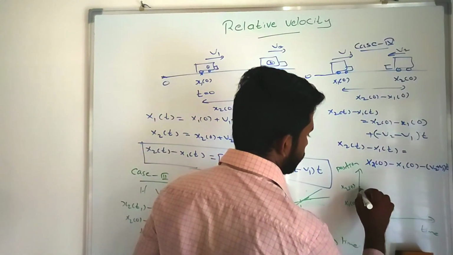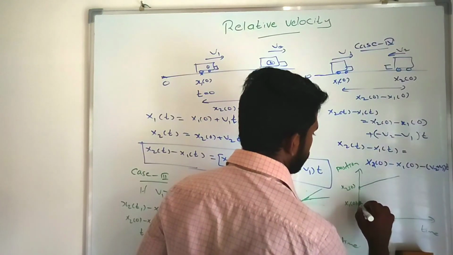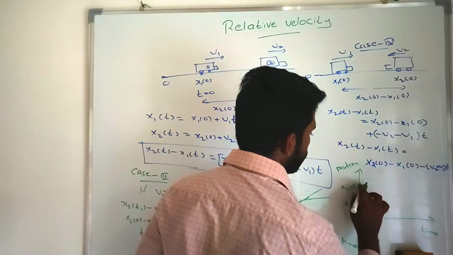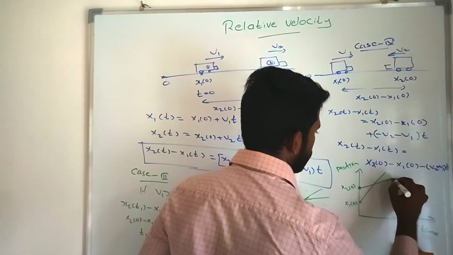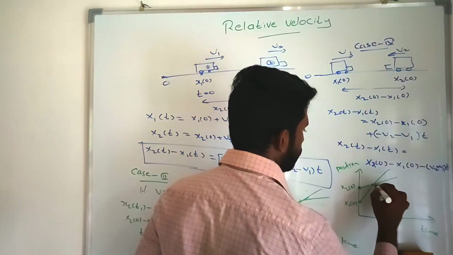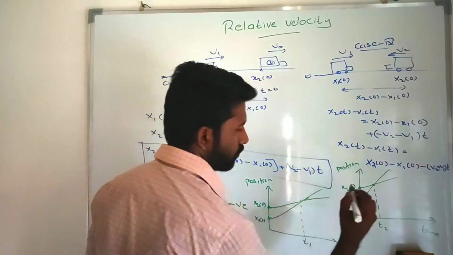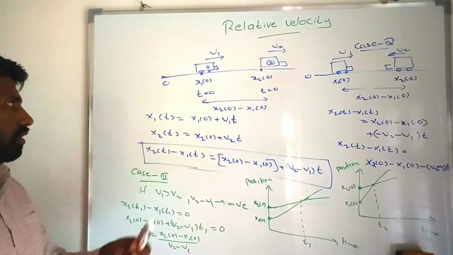Okay, clear? This is the meeting time. This time I have taken as t2. At the t2 instant, the distance between the two bodies becomes 0.